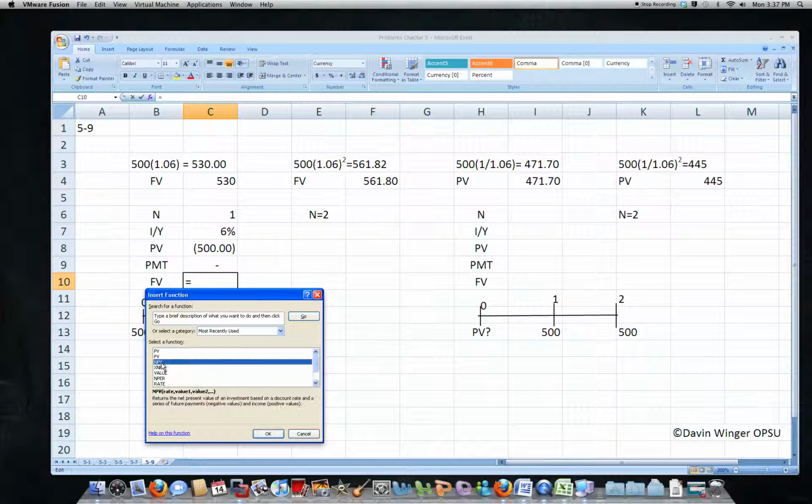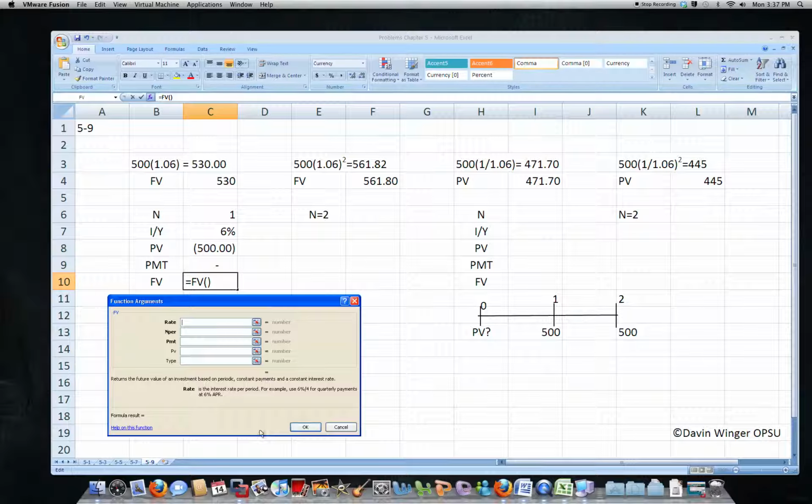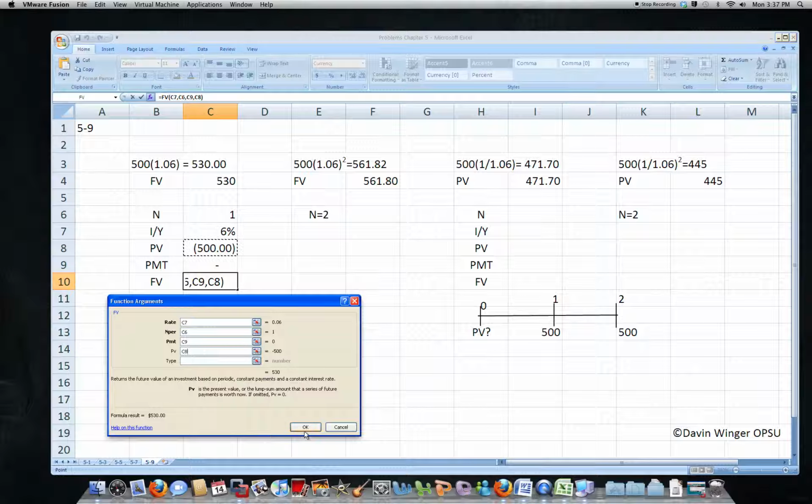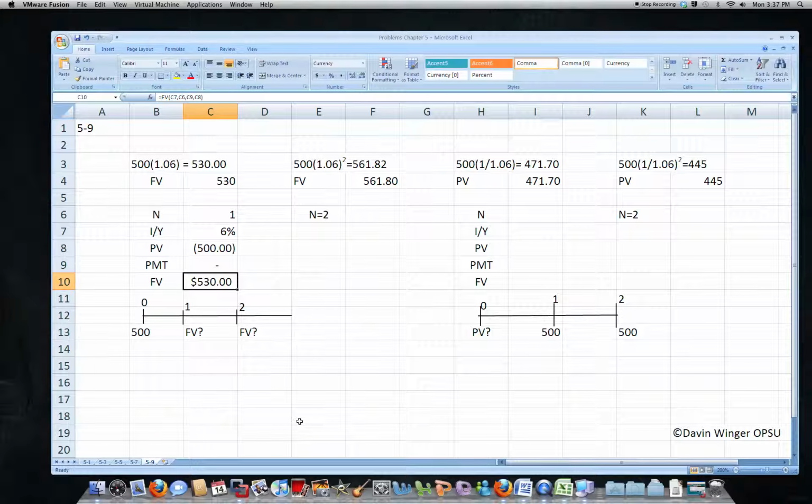We'll use the future value, rate 6%, periods 2, payment, and present value. It should be negative since it's an outflow, to get an answer of 530.